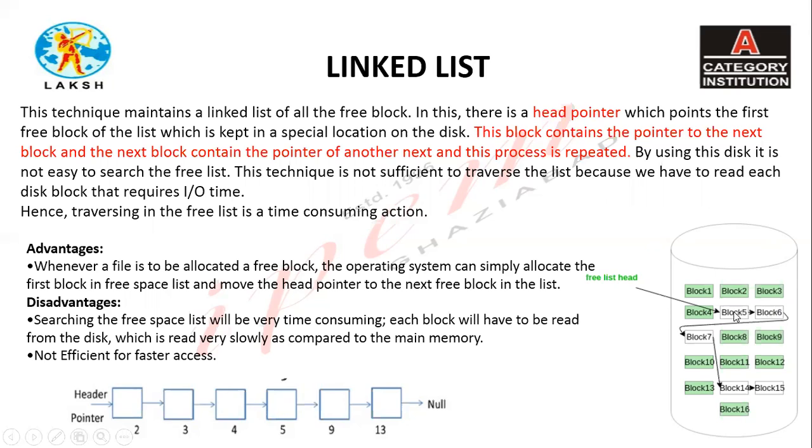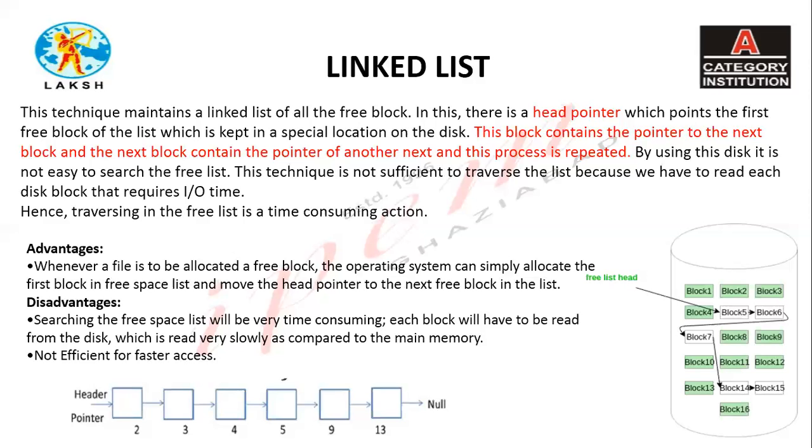Block 5 contains the address of 6, 6 contains the address of 7, 7 contains the address of 14, and 15 will be the last, containing null in the address pointer. So each block contains the pointer to the next block, and this process repeats.